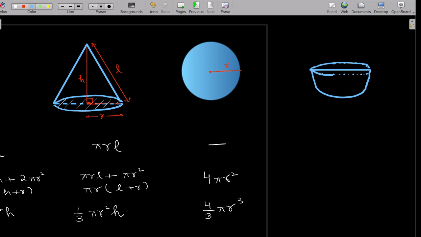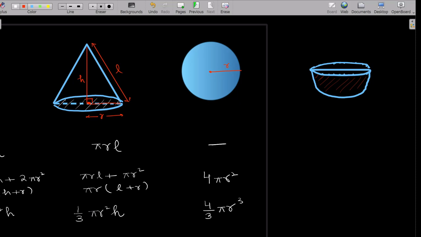Lateral surface area will be just the area of the curved surface. Remove the area of the top circular surface, so just the area of this curved surface. Can you guess what will be the area of this surface?